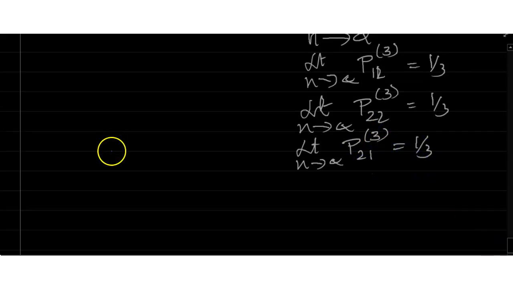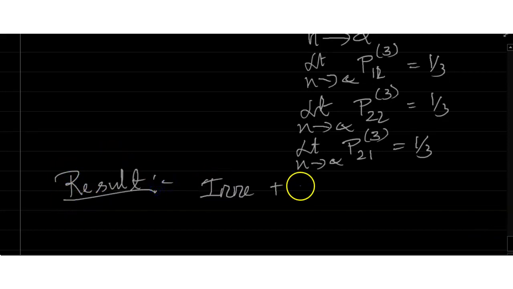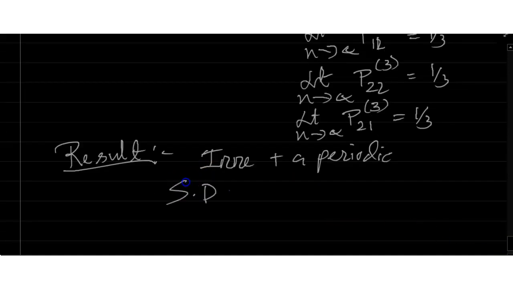So friends, that is an important result: irreducible plus aperiodic, then the stationary distribution is unique.